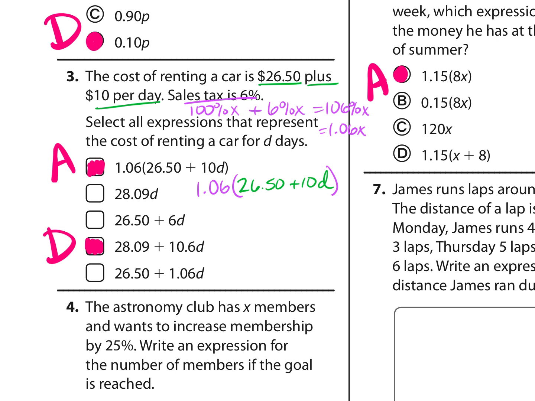So that is answer choice A. Answer choice D just went through and distributed this, where we would get 28.09 by distributing plus 10.6D. We're done with that.